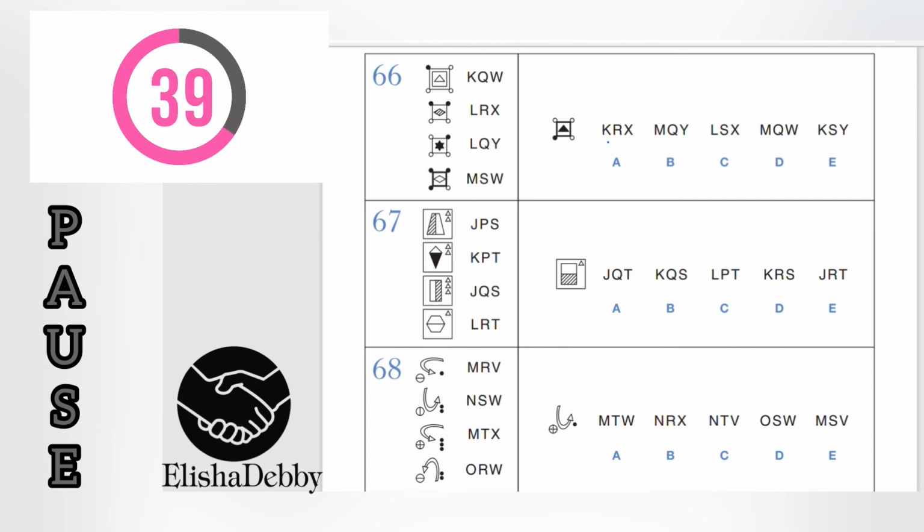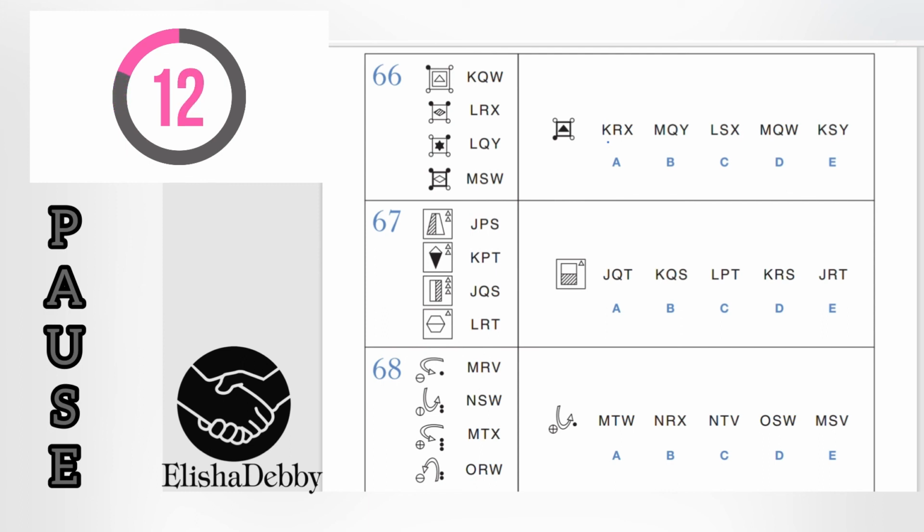And remember, what does the first letter represent? What does the second letter represent? What does the third letter represent? Find the common ground between the letters and the shapes, and it will give you a clue.